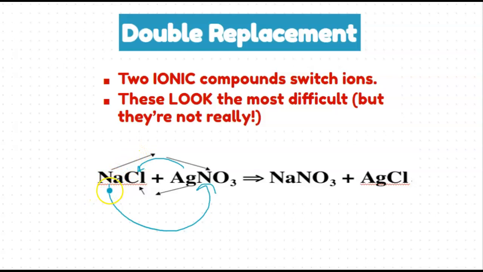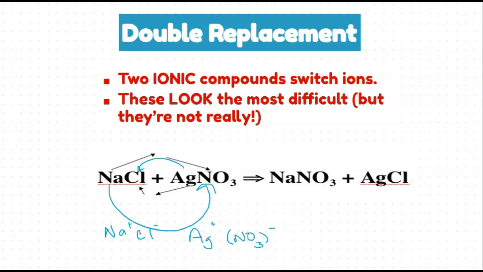So you can see here that on the reactant side we had sodium chloride and silver nitrate. The sodium here with a +1 charge. So Na is a +1, Cl is a -1. My silver nitrate, Ag, is a +1, and nitrate is an NO3 with a -1 charge.